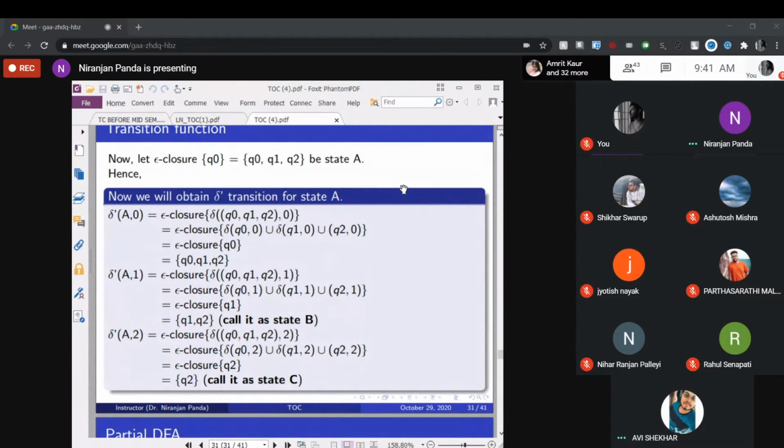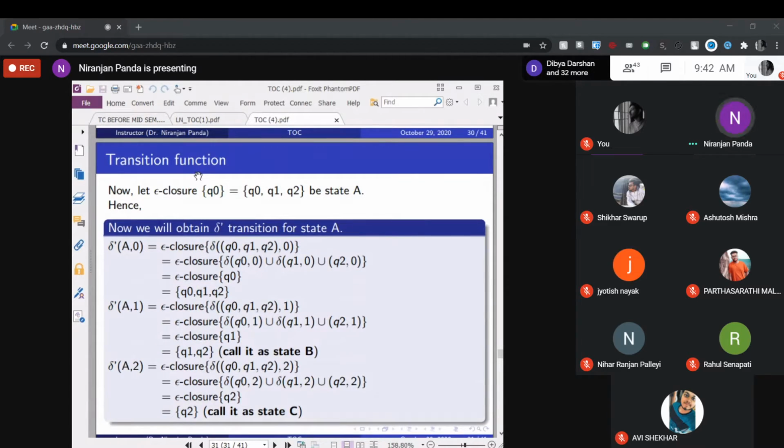Then for the DFA, what will be the initial state? What did I say just now? What is the initial state of DFA? I said the initial state of NFA. Aren't you listening? Sir, epsilon closure. Yes, this is the epsilon closure of the initial state of NFA, not the initial state of NFA itself.